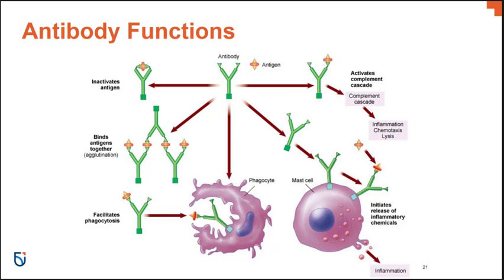We learned earlier that mast cells are involved in the inflammatory response. Antibodies become attached to them, so here's the mast cell. An antibody can become attached to that mast cell, followed then by the antigens, which will initiate a release of inflammatory chemicals.